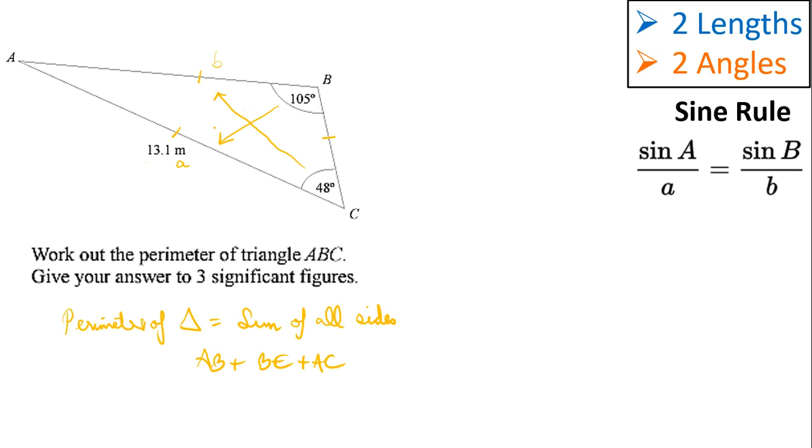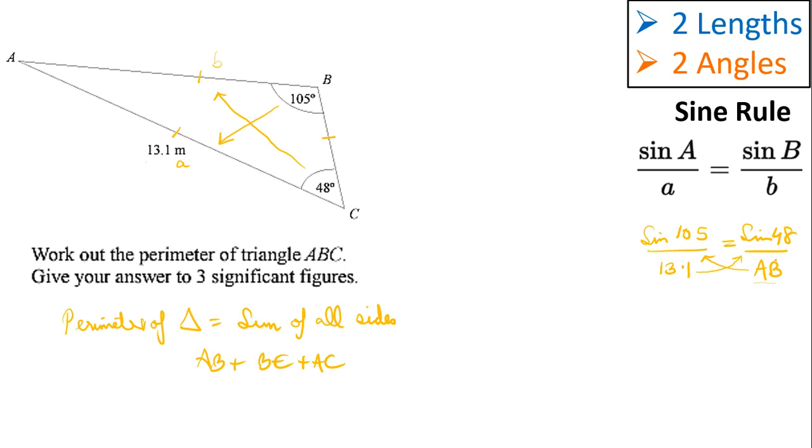So since I have 105 over 13.1, and that is going to be equal to sine 48 over the b, so if I write that down, sine 105 over 13.1 is equal to sine 48 over the b, or I could just say the length AB. Now, if there is an unknown value in the denominator, it's best practice to get rid of the denominators, take them to the other side so that it's easier to solve and you don't get confused in the end.